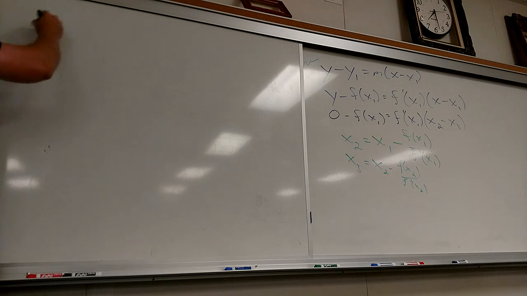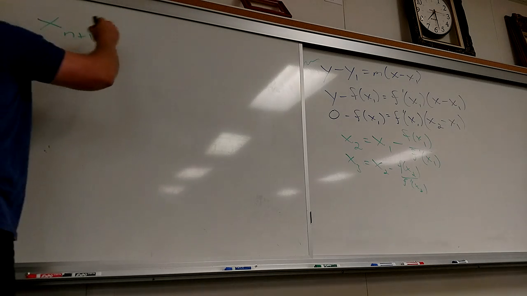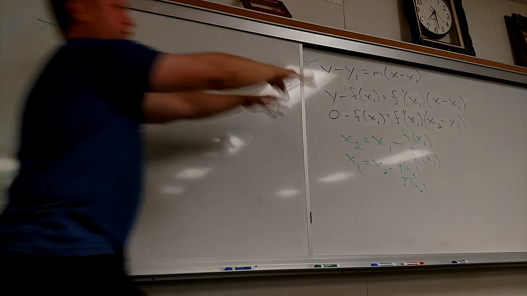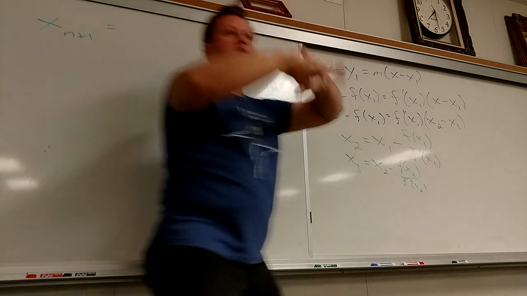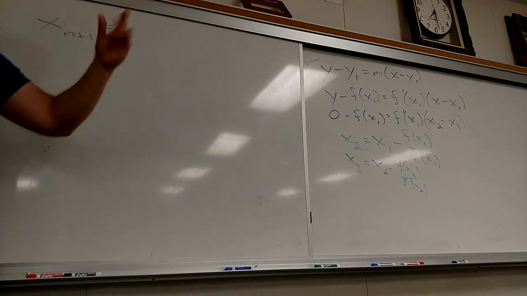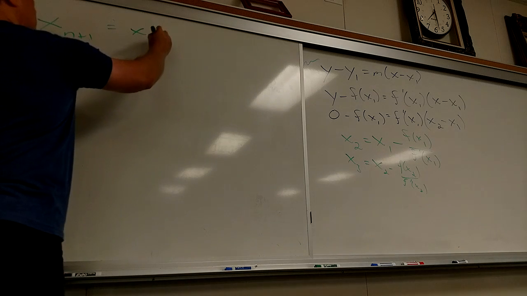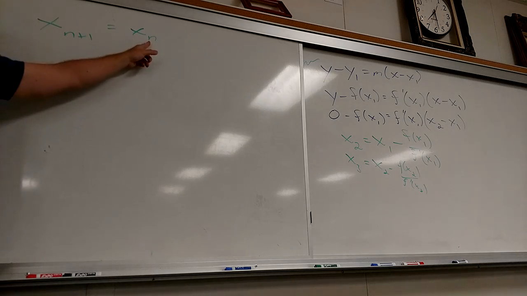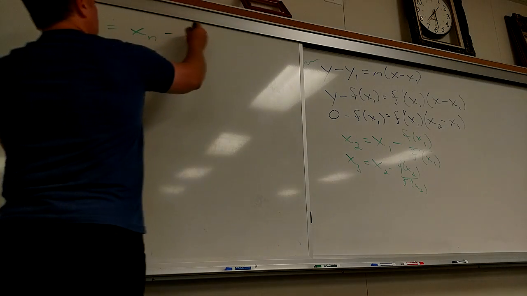So what is x sub n plus 1? I'm going to have a bunch of xn's. I love it. So this is the real algorithm. The next guess is this guess minus all this stuff with that guess.